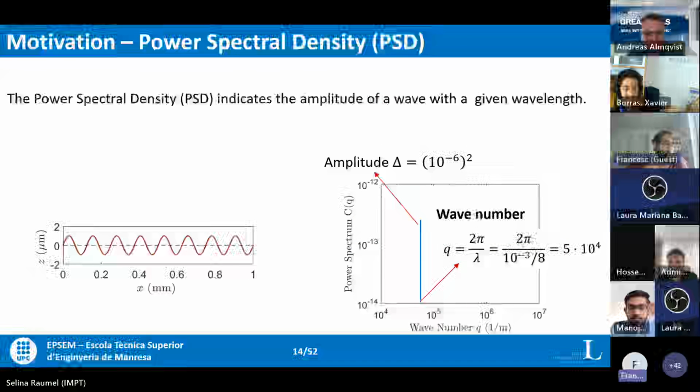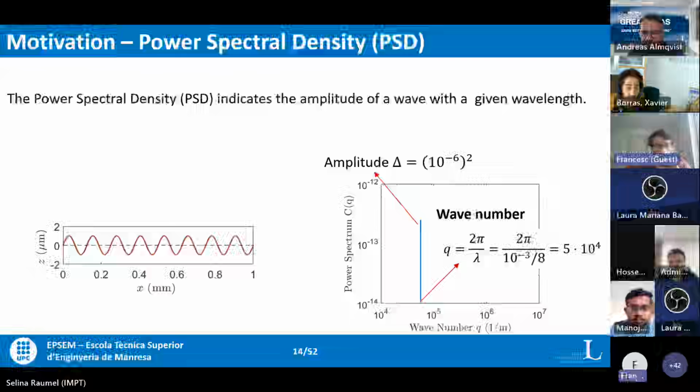So for those that don't know what it is, we can start by looking at the power spectral density of a sinusoidal wave, and then we understand that it's basically telling us the amplitude and the wavelength of this wave. So we have the wave number on the x-axis, and that's defined as q equals 2 pi over lambda, where lambda is the wavelength.